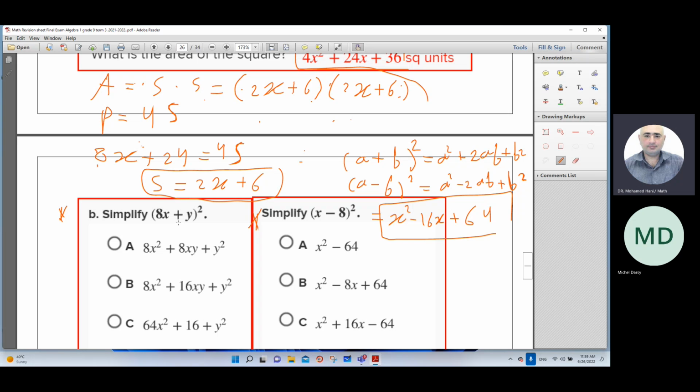And here the same idea, when you have here 8x, take the square of the first one, the square of 8 will be 64x squared plus 2 times 8x times y will be 16xy plus y squared.